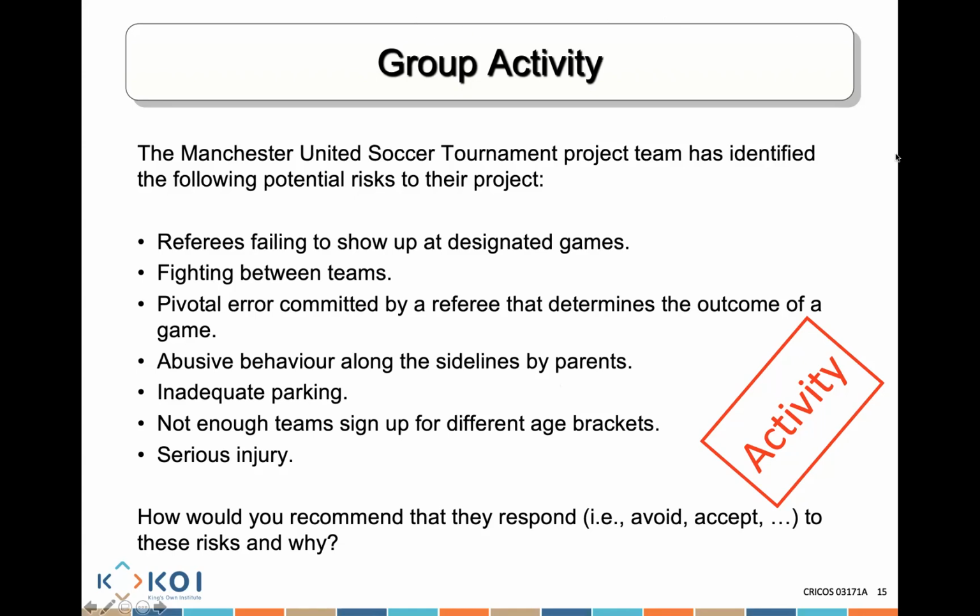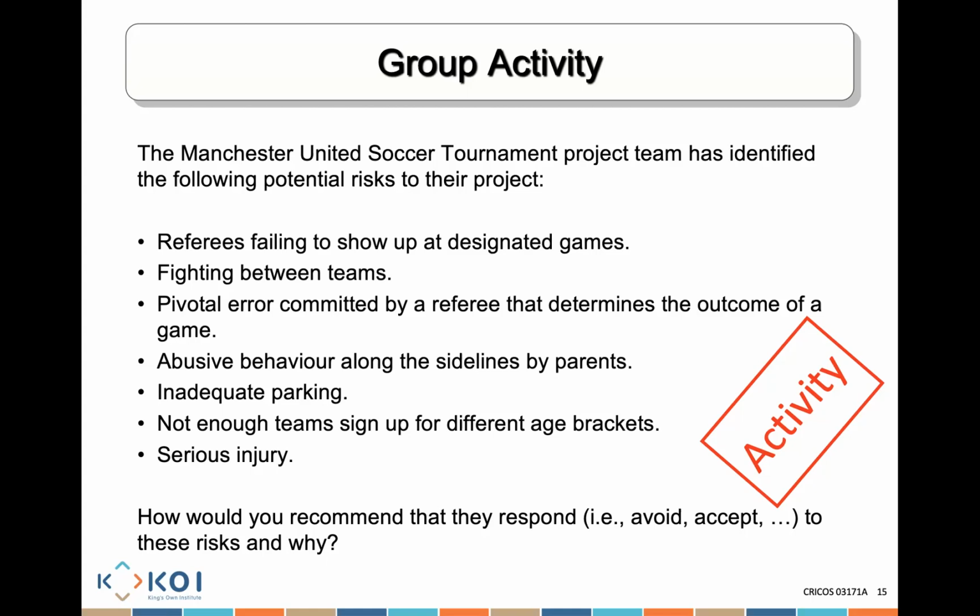For our group, we ended up thinking it is transferring the risk by putting in a backup referee. For our group, we thought it's mitigating, because sometimes that's why we always have a relief referee or some backup people.